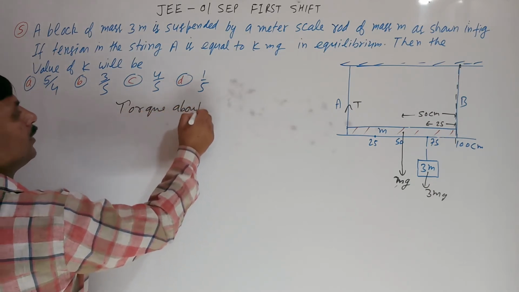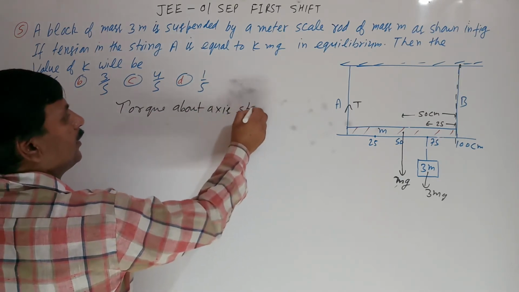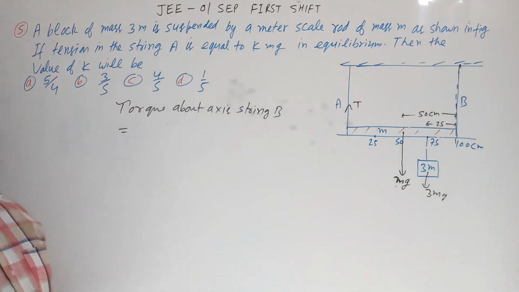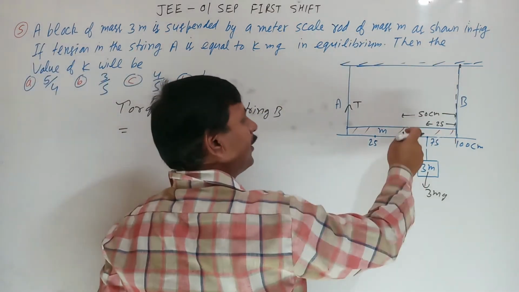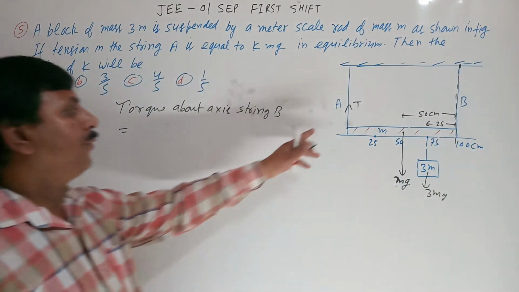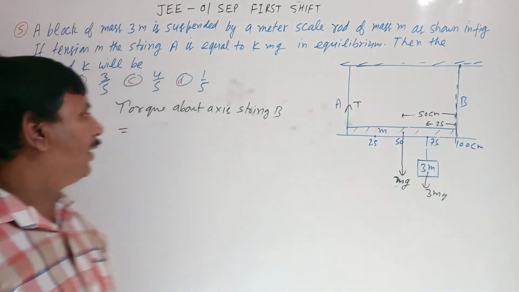Here, the tension will rotate clockwise and the weights will rotate anti-clockwise. If we take anti-clockwise as positive, then clockwise has to be negative.